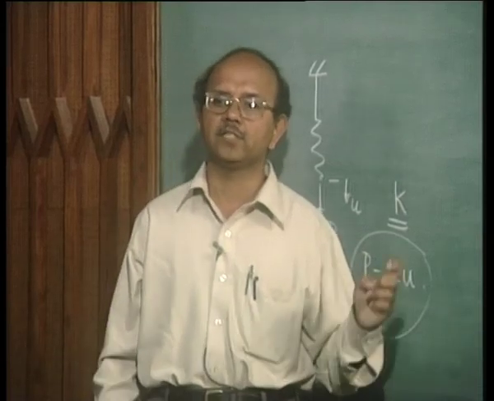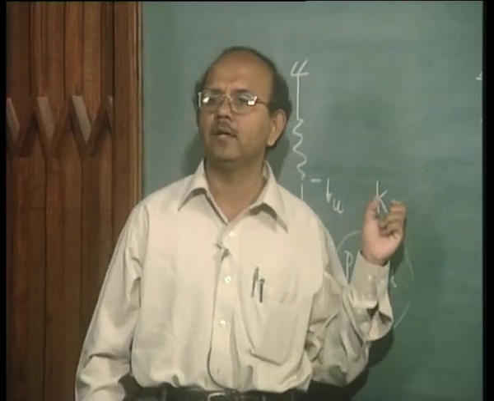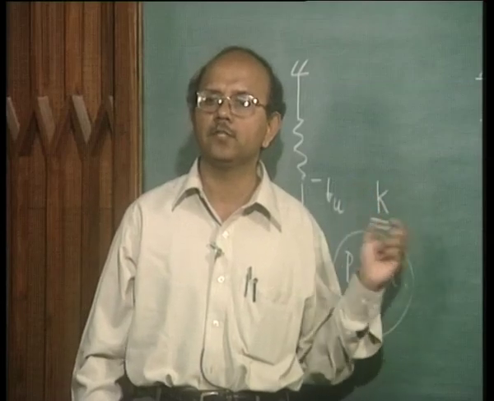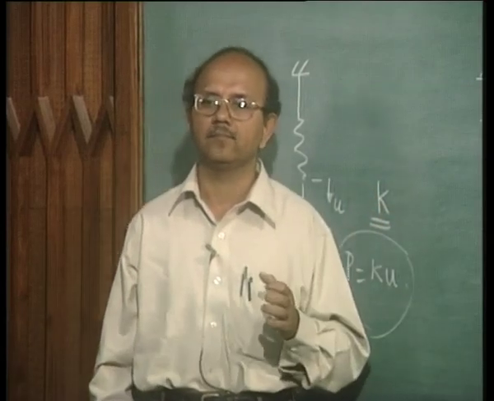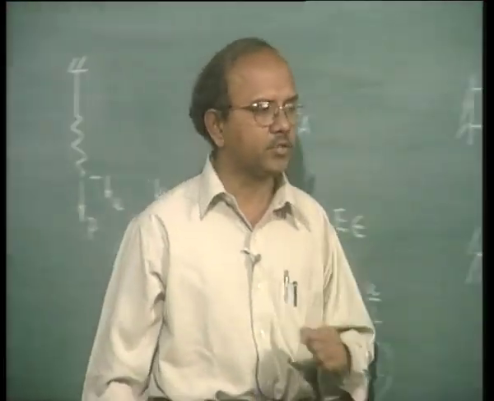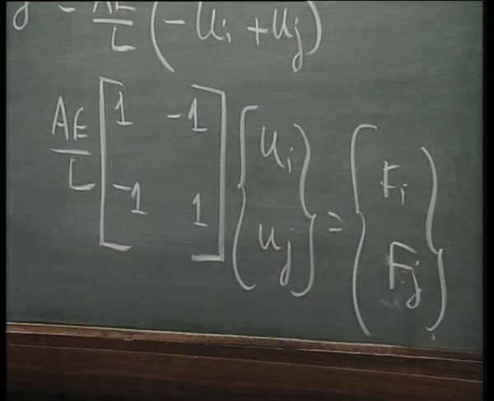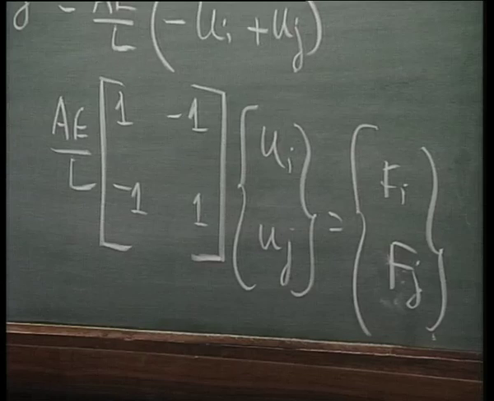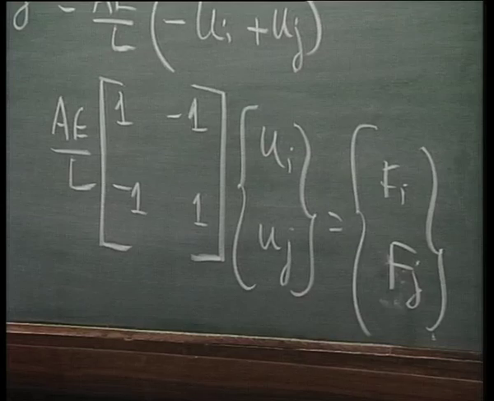There was no problem because there is only one place where force is applied and one place where the displacement happens. But what about in this situation? How do you now define here, or how do you physically get a picture of what the stiffness matrix is? Right? That is the question.